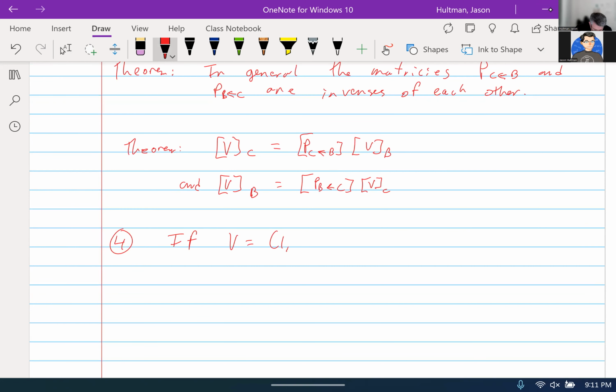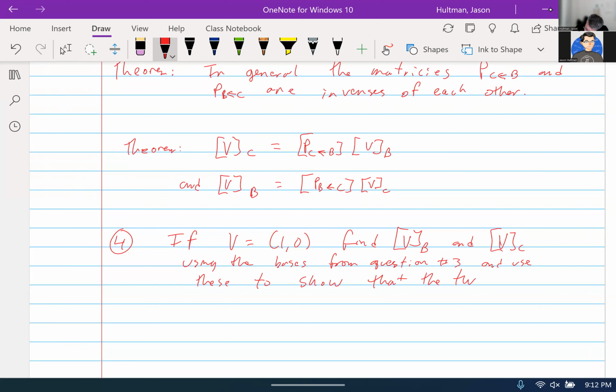If vector V is equal to the vector 1, 0, find vector V in terms of B and vector V in terms of C, using the bases from question number 3, and use these to show that the two identities in the previous theorem are true.